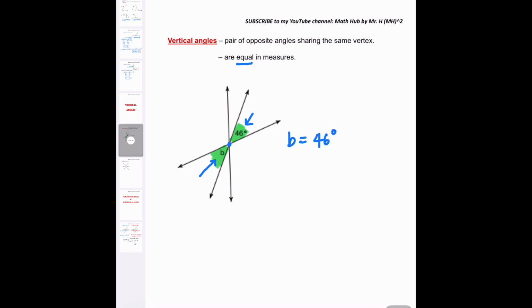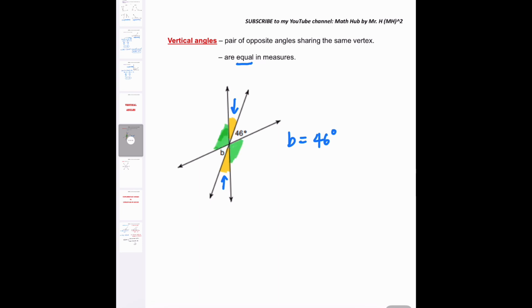Aside from that pair of angles, we're also looking at another pair, this and the other one. There is also a pair of vertical angles. Same goes for the third pair.